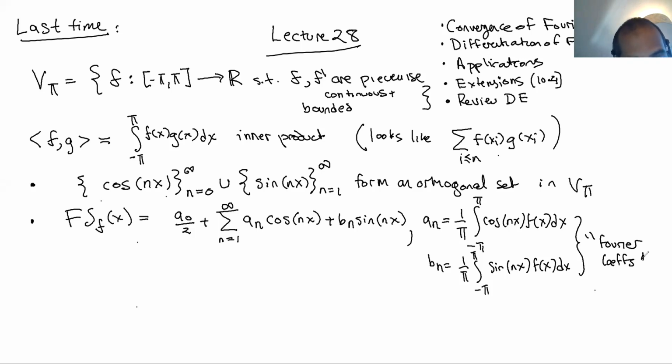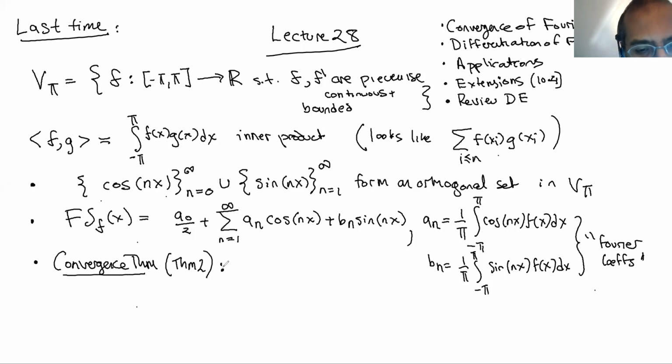And then we stated an important theorem called the Convergence Theorem for Fourier series. I mean, there are many, but this is one. This is theorem 2 in the book. And what it says is, if you have a function in V pi, then two things happen.